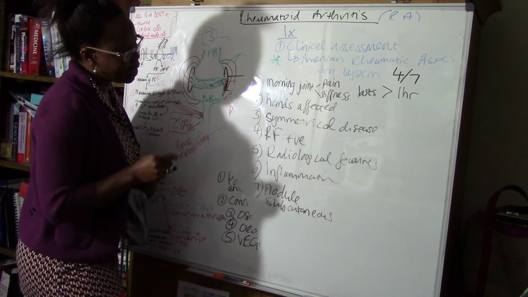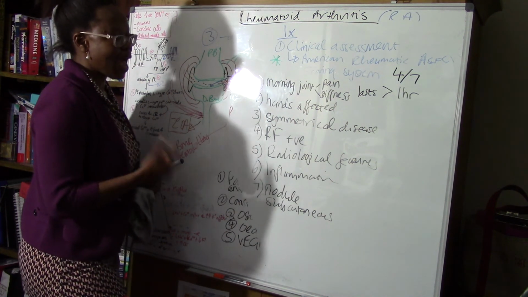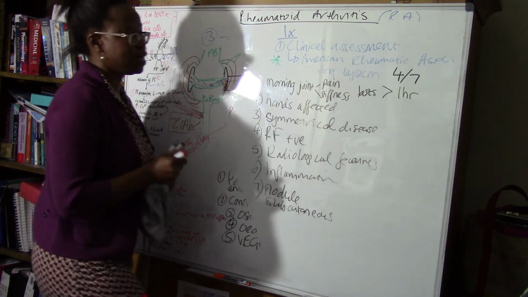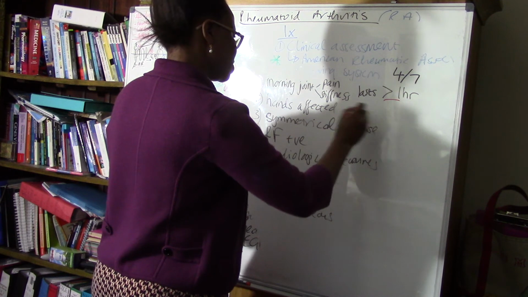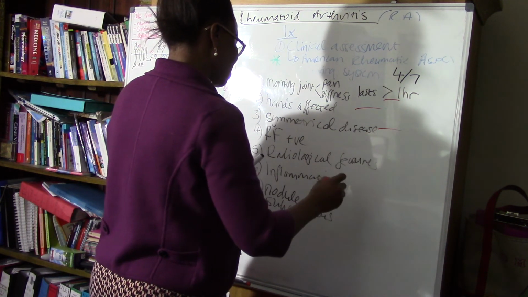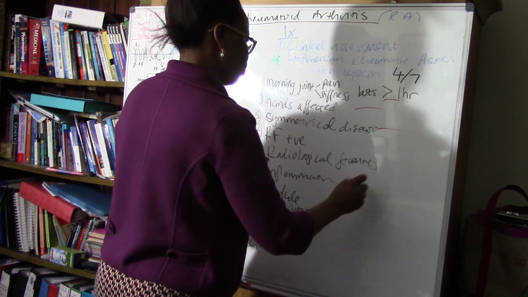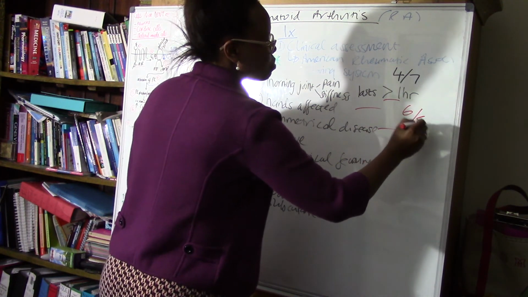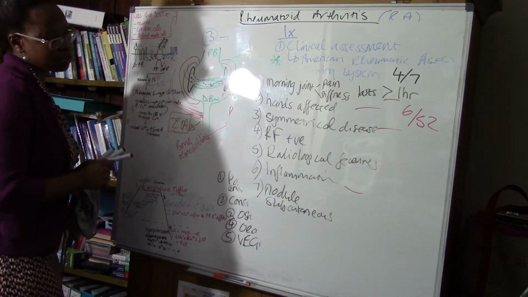So one needs to have any 4 out of the 7, and all of these have to be present for at least 6 weeks, I'm sorry, 6 weeks, in order for that to be absolutely positive.